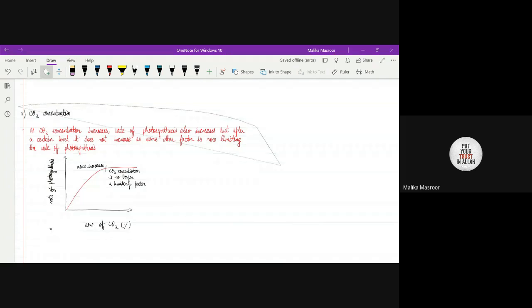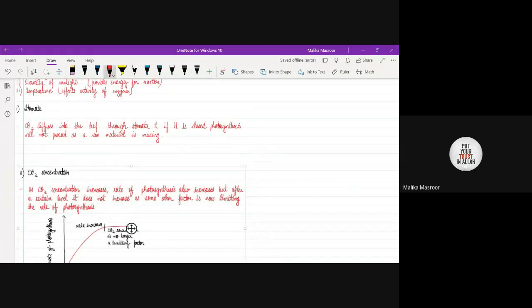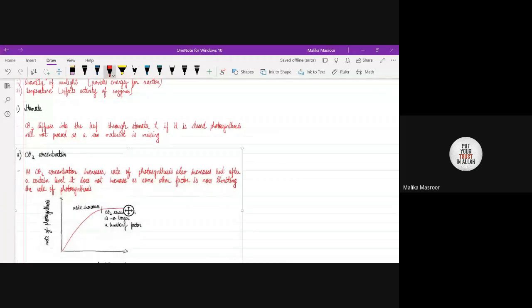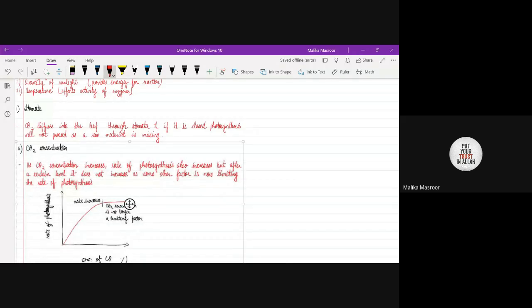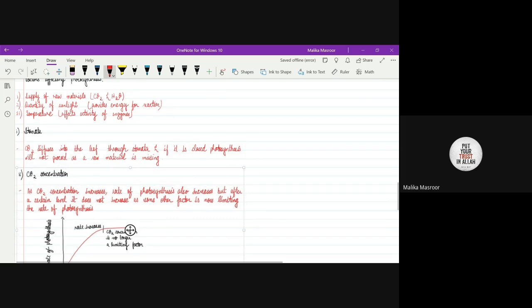Second. If you've already written it down, please change the numbers. Make that number 1 and then make this number 2. I have switched the order. Carbon dioxide concentration, yeah, because it's in raw material, right? So it's the same thing.